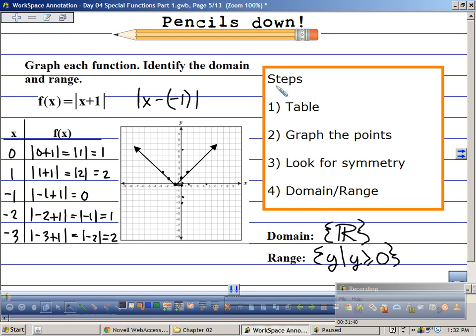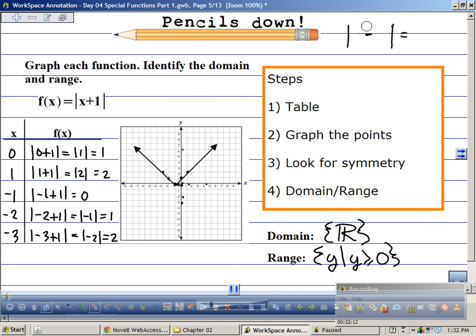When you're talking about absolute value, isn't it always about the difference between two things? The difference between this number and this number equals something else. So the difference between x and negative 1 would be 1 in this instance for this point right here.